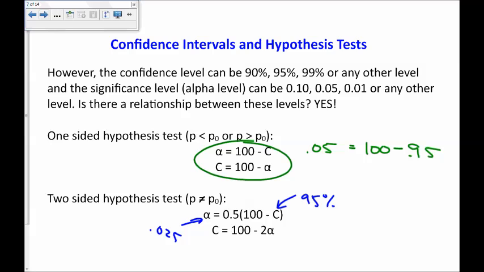Or if the confidence level is a 90% confidence level, that would be the same as having an alpha level of 0.05. So there are some equations you can use to figure out the relationship between alpha and the confidence level. I would say that these are more likely to show up on the AP exam than the one-sided because it's a little trickier.